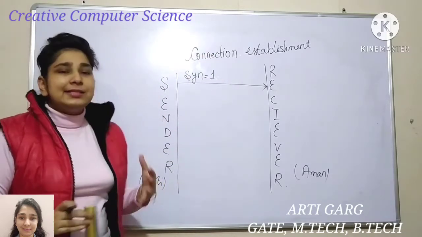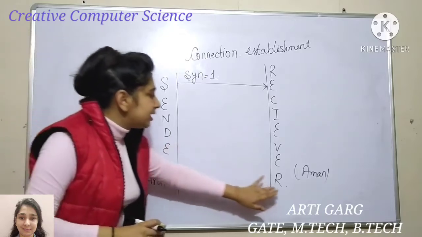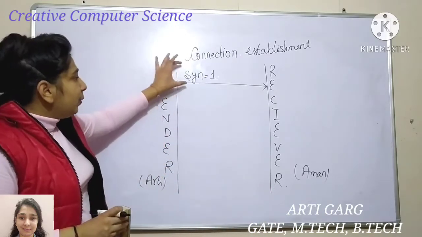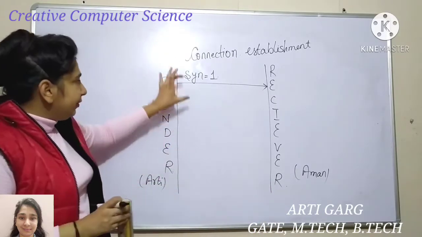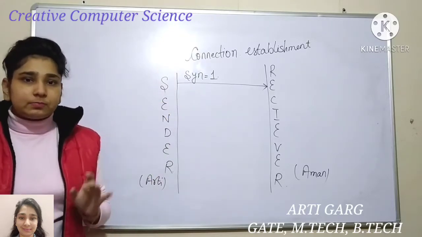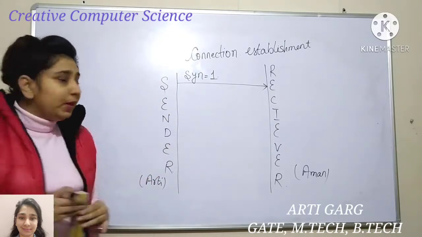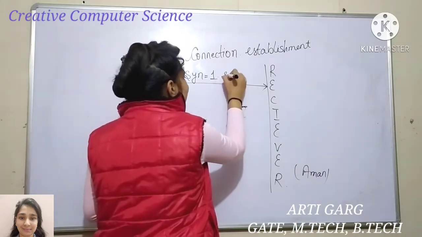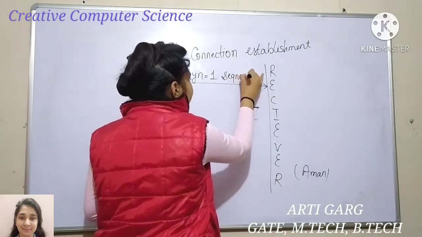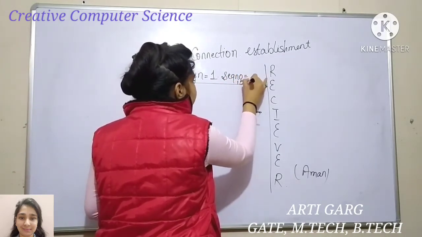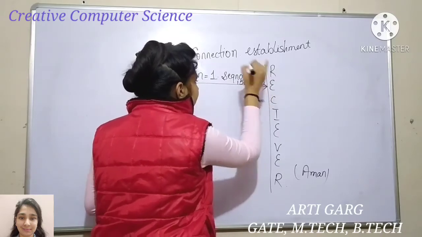When you establish a connection with the receiver for the first time, you set the SYN field to 1. We are saying that we will be sending our sequence numbers from 150 to 500.